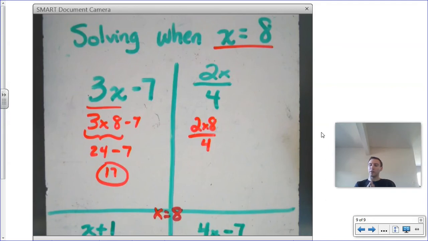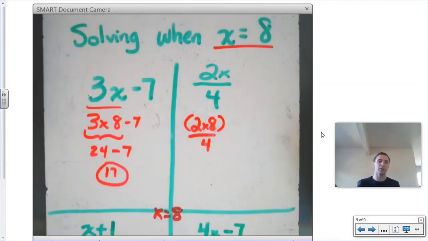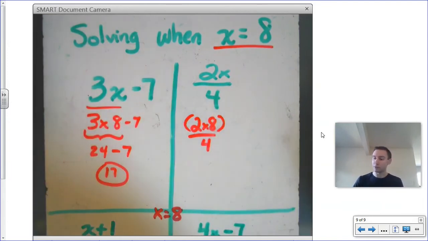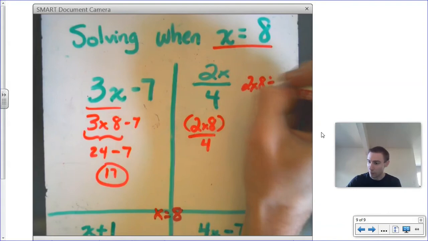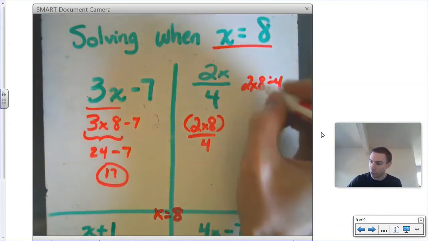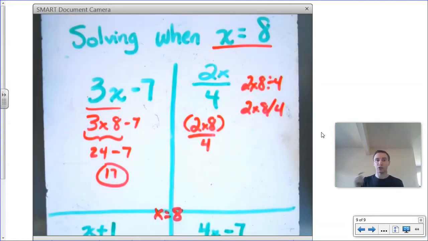So what we have to think about is remembering, one, we're going to solve in our numerators first. So there's kind of like an invisible grouping symbol up in our numerator. But we also think about how this is written if it was written flat on one line. So I have 2 times 8 divided by 4. Or on the computer, 2 times 8 divided by 4 using the slash symbol.